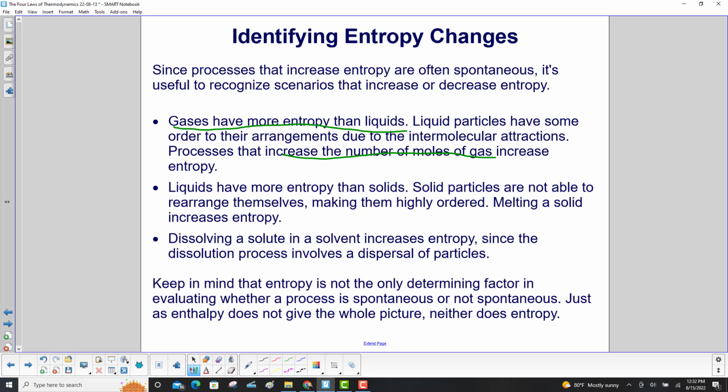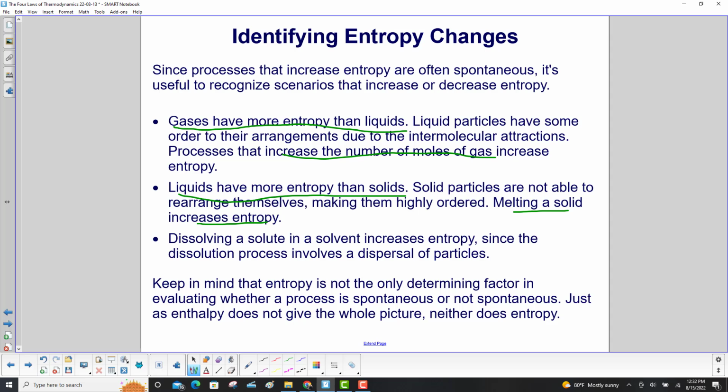Liquids have more entropy than solids. So let's just underline that. Solid particles are not able to rearrange themselves, making them highly ordered. Melting a solid will therefore increase entropy. You're going from solid to liquid. Dissolving a solute in a solvent increases entropy, since the dissolution process involves a dispersal of particles.